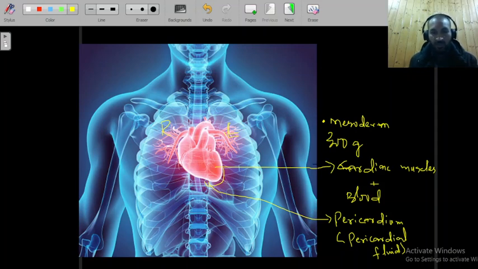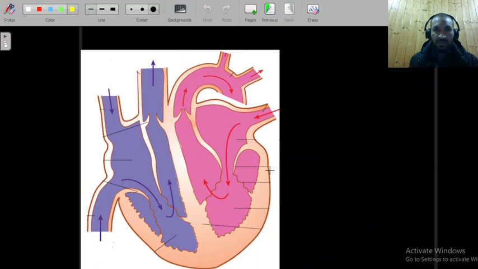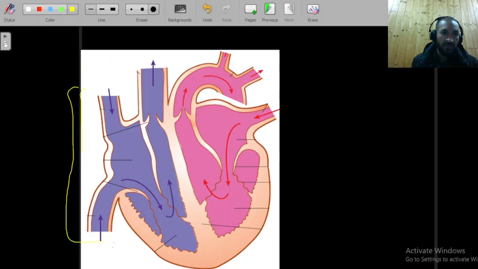Let's get to its structure now, what it is essentially made up of, and what it internally consists of. If you look at this diagram, you will see that your heart essentially has four chambers. Two chambers in the upper region, and two lower chambers. So let me first mark this is the right side of your heart.